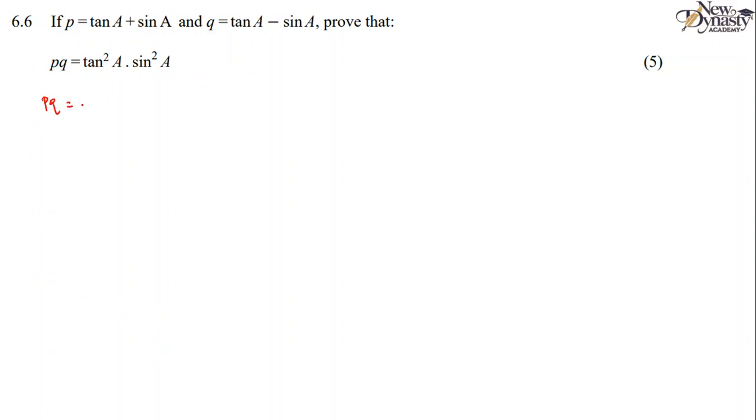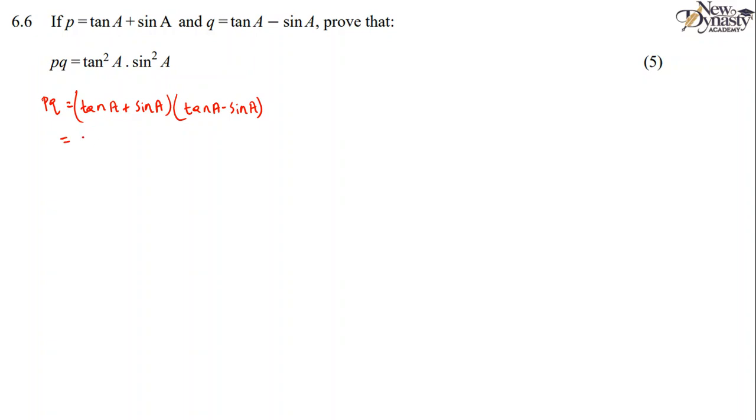So you take the P value, which is tan A plus sine A. Then you're going to multiply. Okay, since there are two terms, let's put them in brackets. So you're going to multiply them with tan A minus sine A, which is Q. So we're going to go on and FOIL them out.